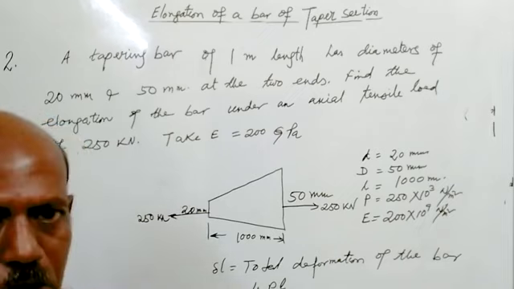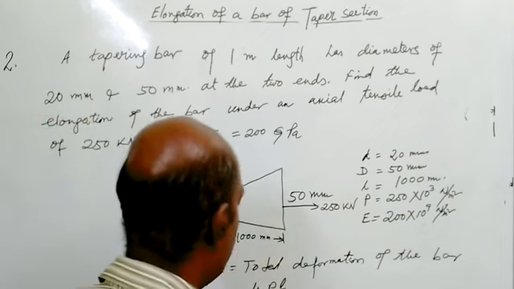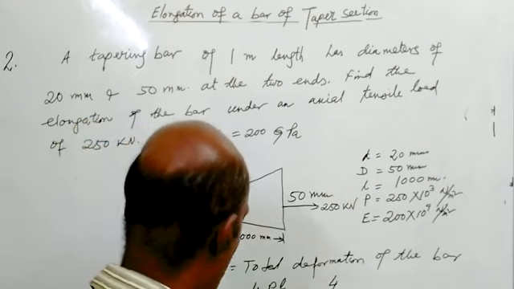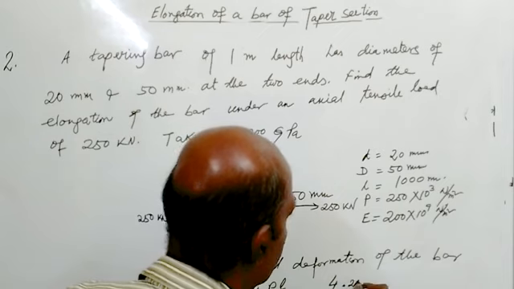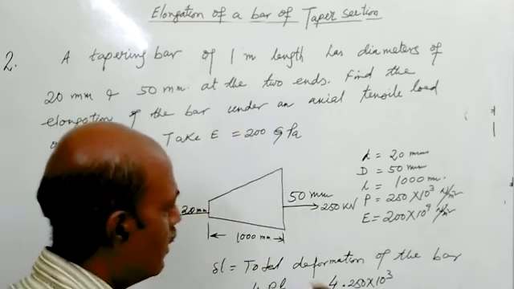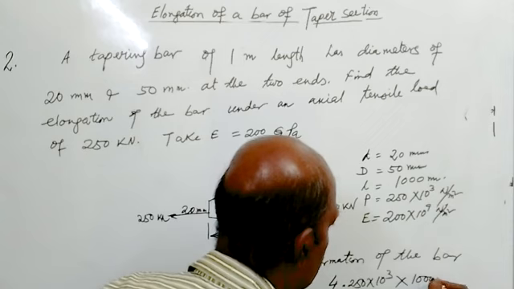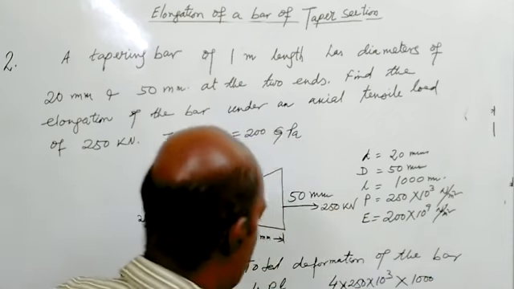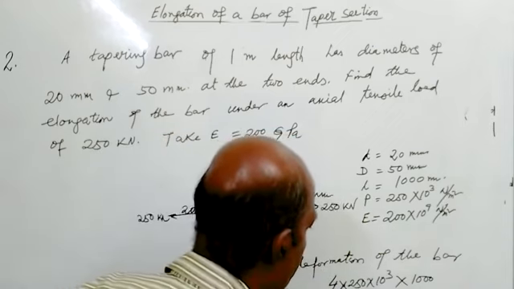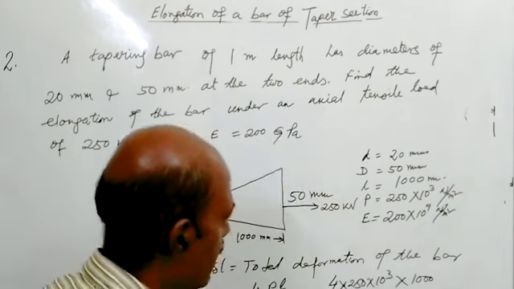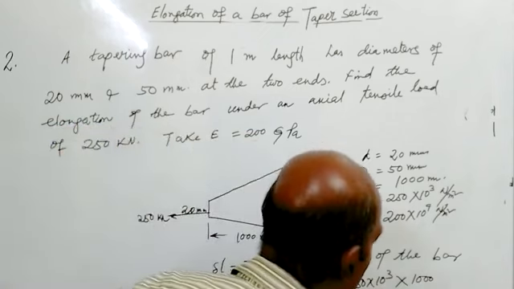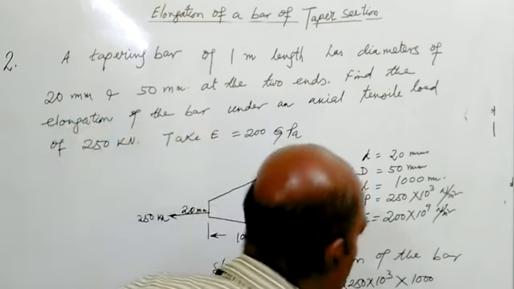So this is the total deformation produced in the bar. Putting the values, 4 into P value, 250 into 10 to the power 3, into L value 1000 millimeter, divided by pi into E value 200 into 10 to the power 9, into small d, 20 millimeter, into capital D, 50 millimeter.